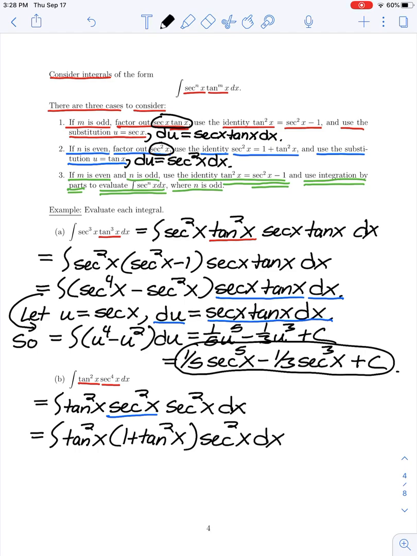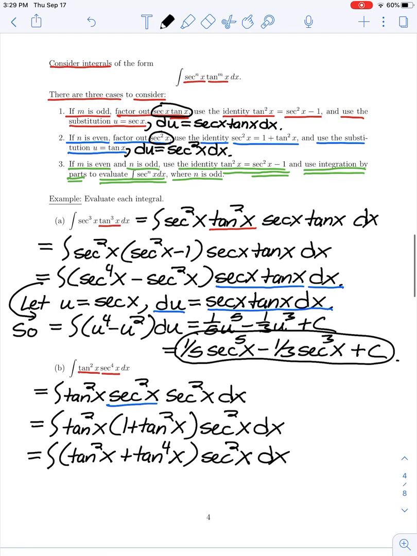So if I group all of my tangent x terms by distributing, I would have the integral of tangent squared x plus tangent x to the 4th power times secant squared x dx. And from here I can make use of a substitution. I'm going to let u equal tangent x so that du is secant squared x dx.